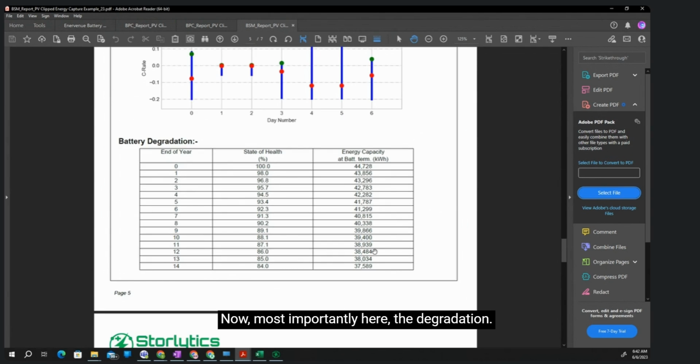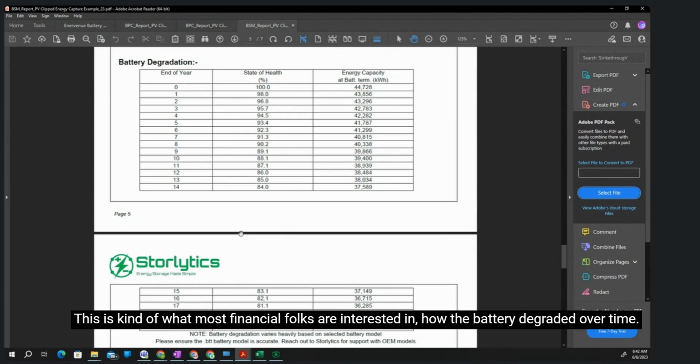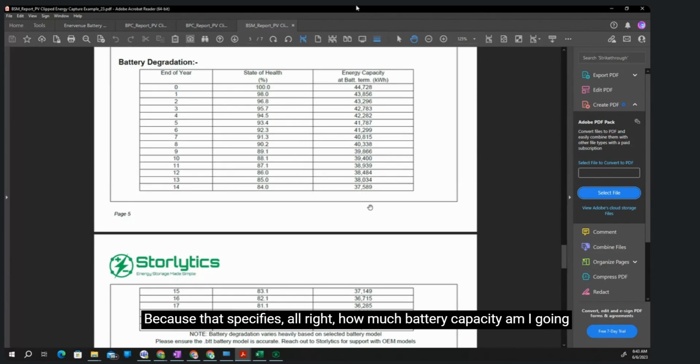Now, most importantly here, the degradation. This is what most financial folks are interested in, how the battery degraded over time, because that specifies how much battery capacity I am going to purchase at year zero. How much do I need to oversize the system?